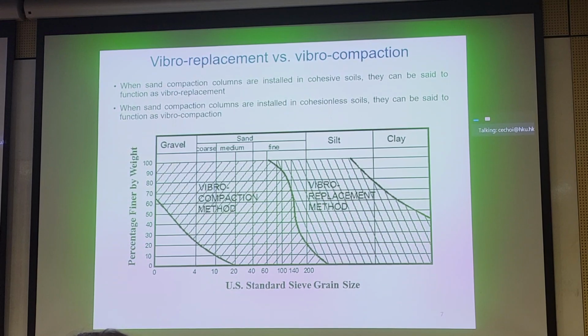So that's perhaps the main application for the two types. For cohesive soils, you want to use vibro replacement for flushing material, and for vibro compaction, you generally want to target granular material. So that's the usage for these two types of methods.